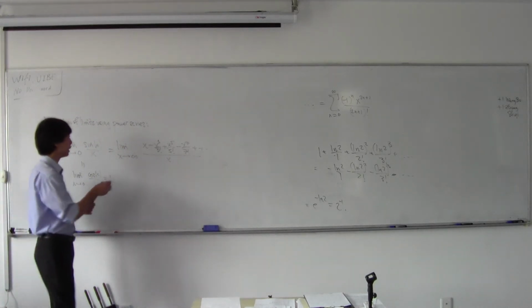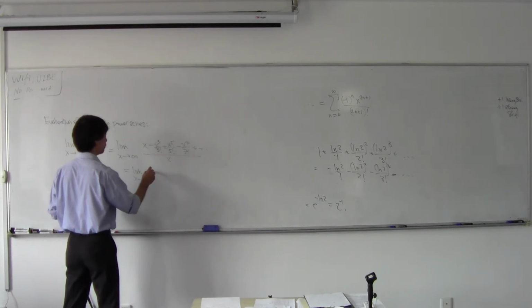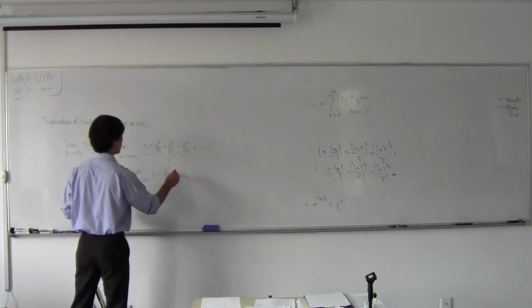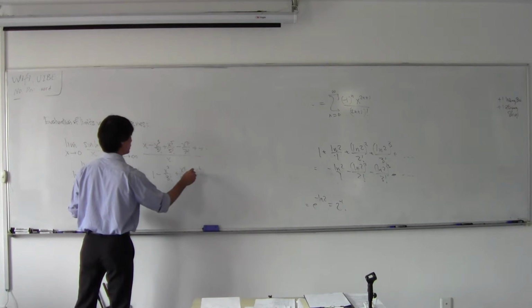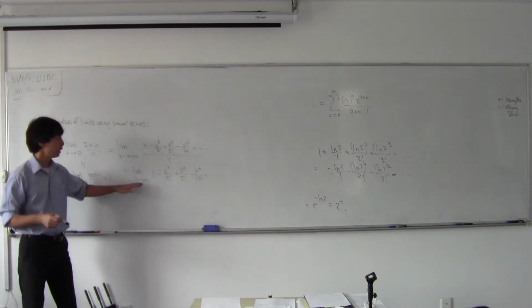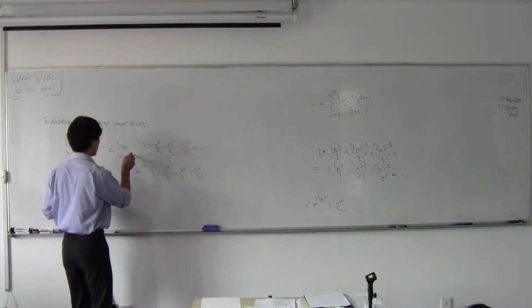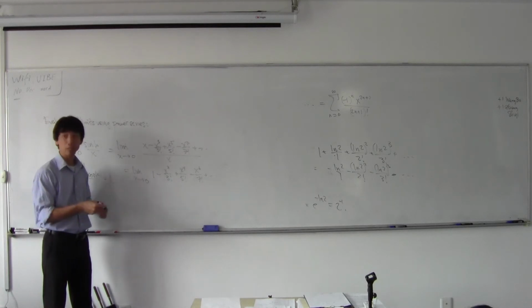Well, that is the limit as x goes to 0 of 1 minus x squared over 3 factorial plus x to the 4 over 5 factorial minus x to the 6 over 7 factorial plus minus, etc. And so that's 1.